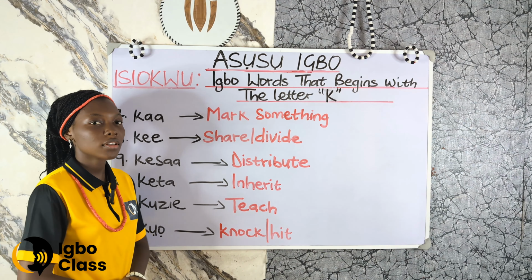To mark something, to distinguish it, to differentiate it from the rest. Ke, to share or divide. Ke oroma ahụ. Divide the oranges.